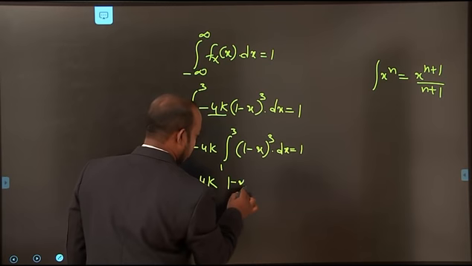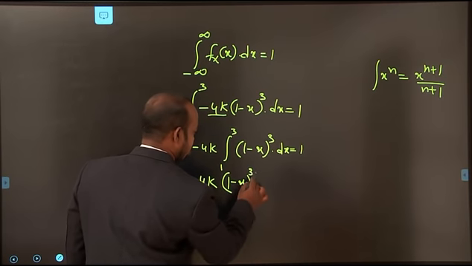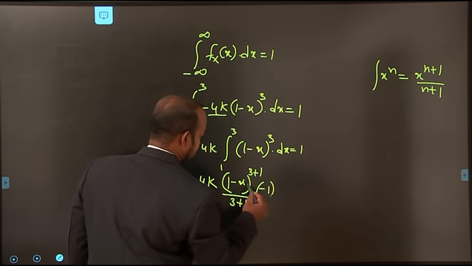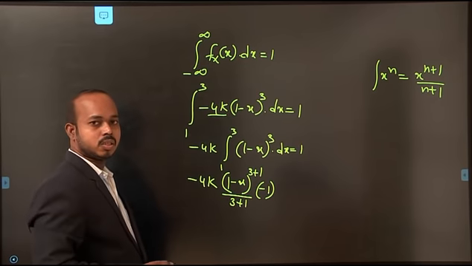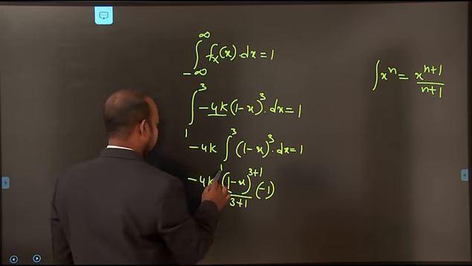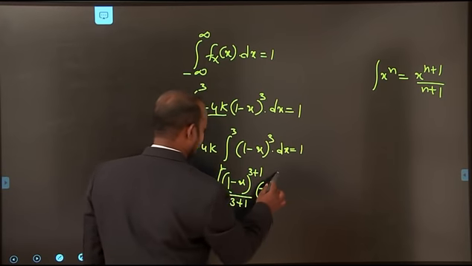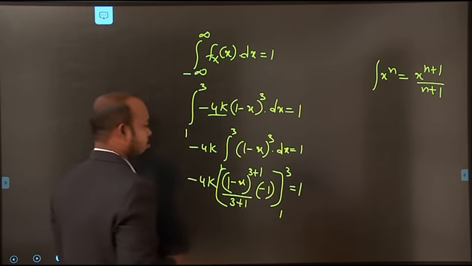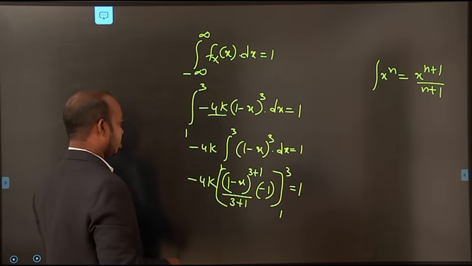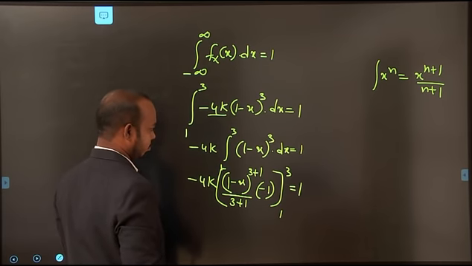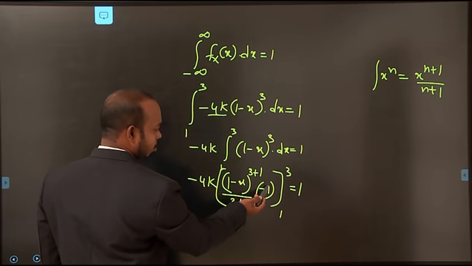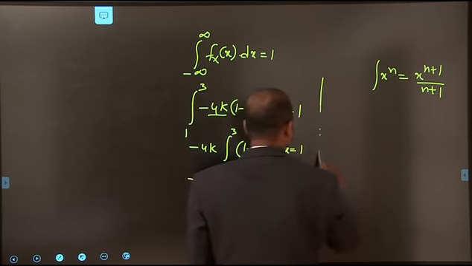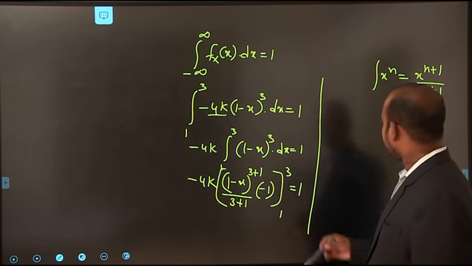That is minus (1 minus x) power 3 plus 1 divided by 3 plus 1, into minus 1, into minus 1, with limits 1 to 3 is equal to 1. Here you can apply: minus 1 and minus 1 give a plus.